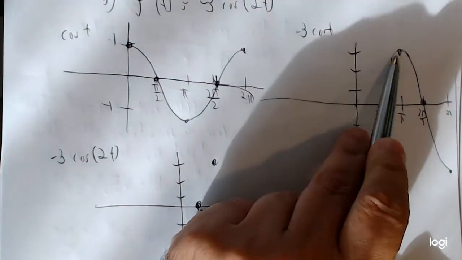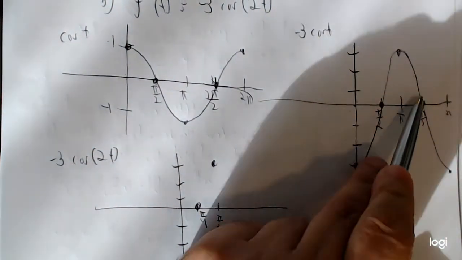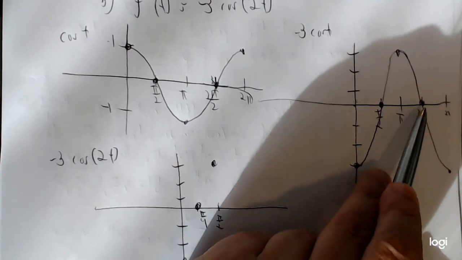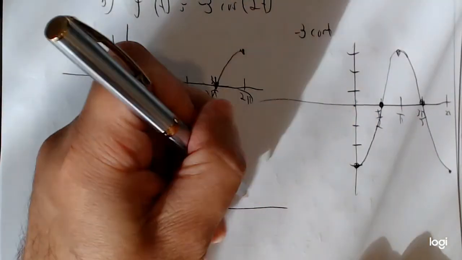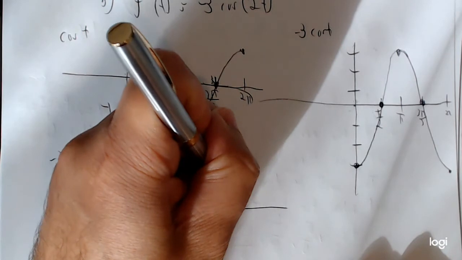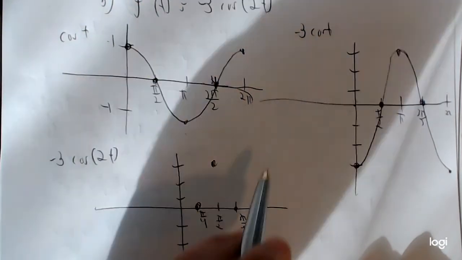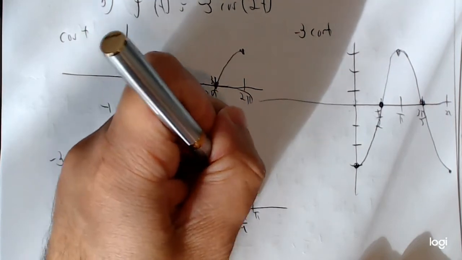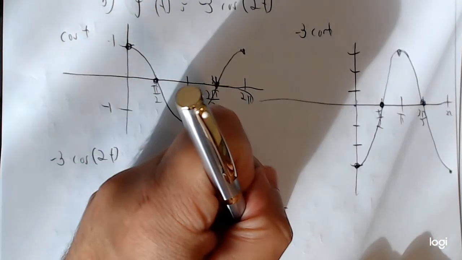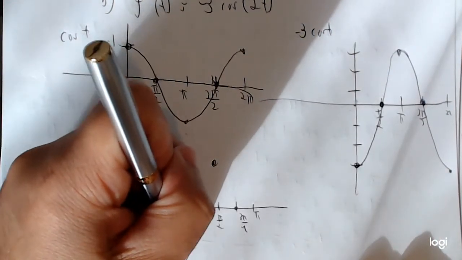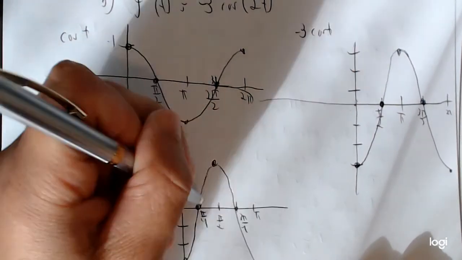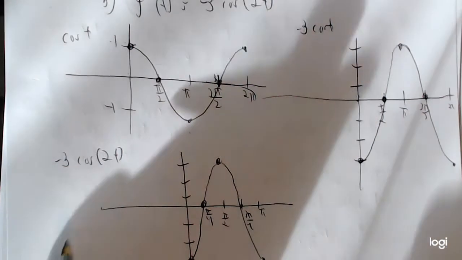So notice how the y values aren't changing, only the x values are. This has a y value of 0, but its x value is 3 pi over 2. If I multiply 3 pi over 2 by 1/2, I get 3 pi over 4. And then at 2 pi, if I multiply it by 1/2, I get pi, where the y value was -3, and so this graph now becomes like that. So it's kind of like from here to here it's squished, okay?